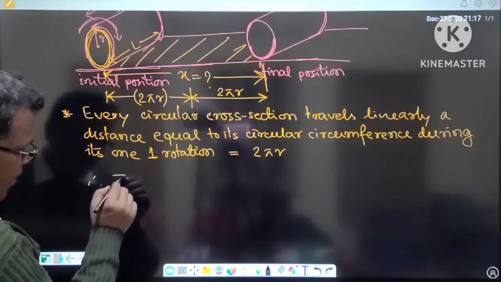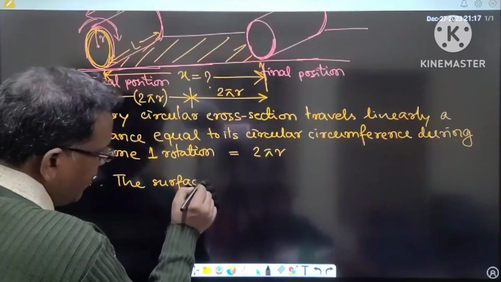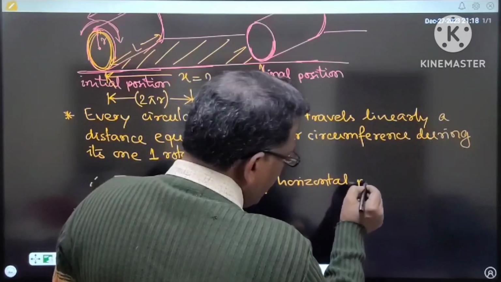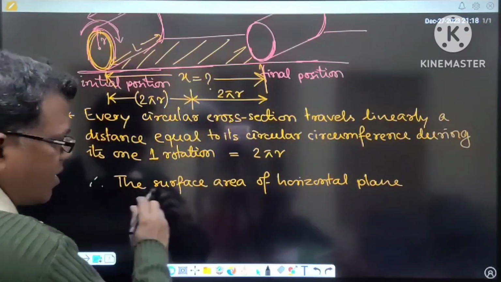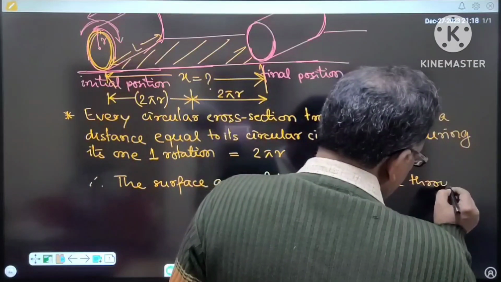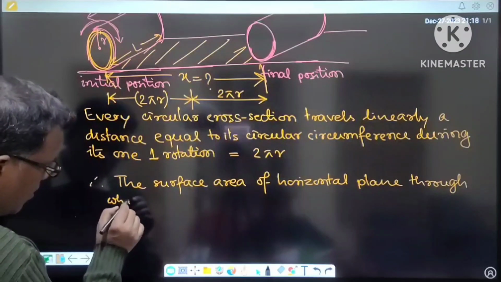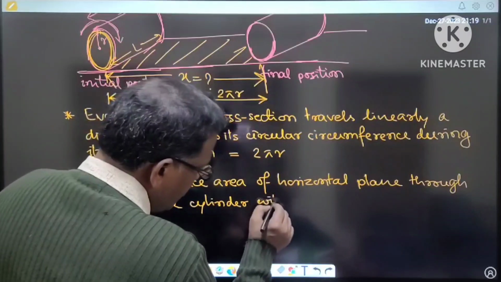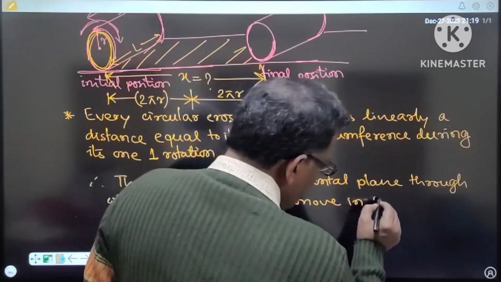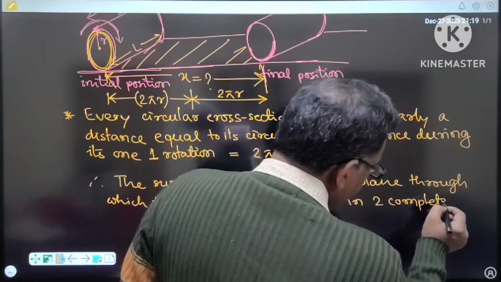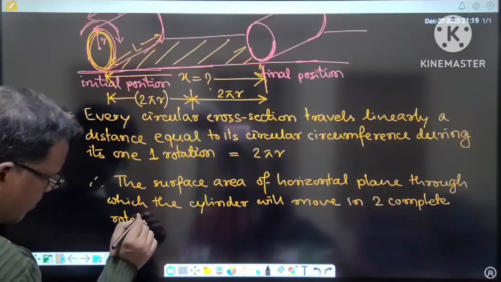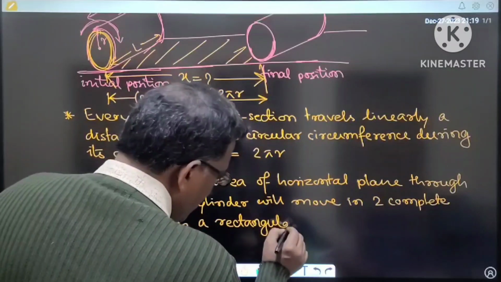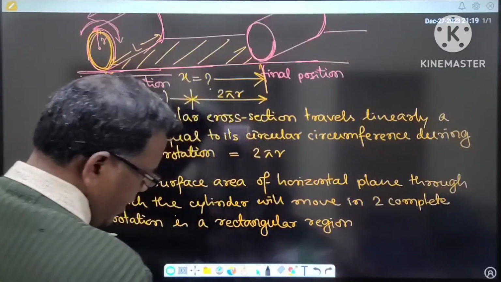So the surface area of the horizontal plane through which the cylinder will move in two complete rotations is a rectangular region, right? That is a rectangular region.